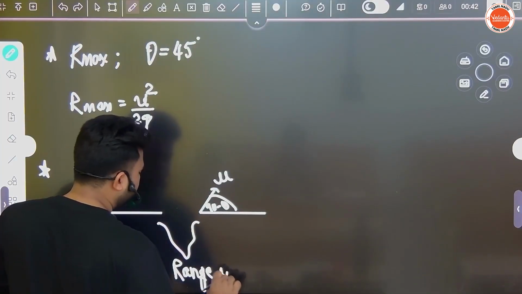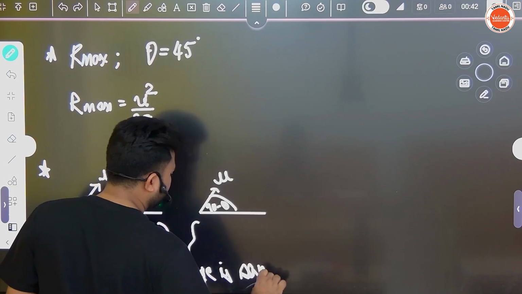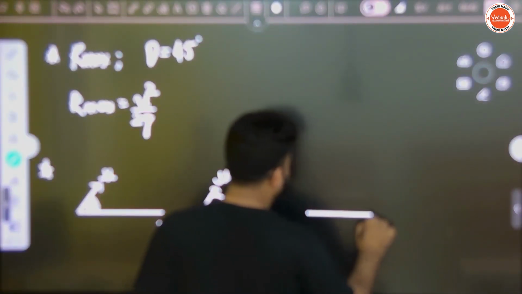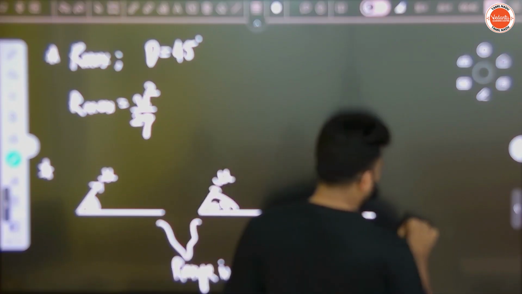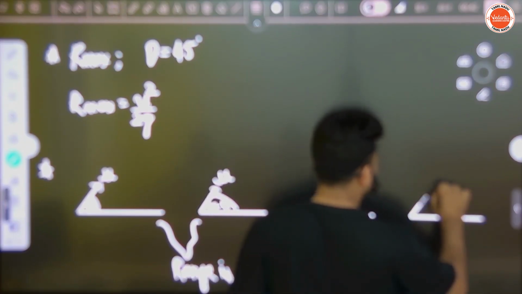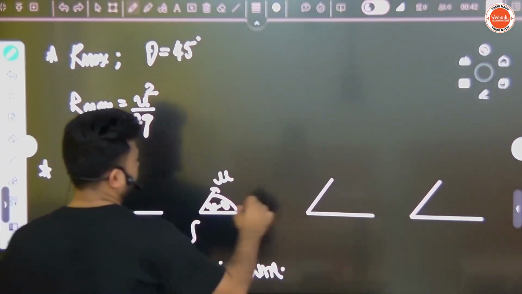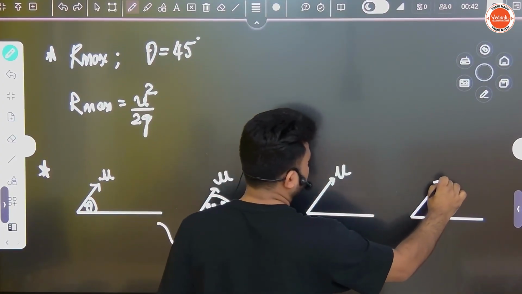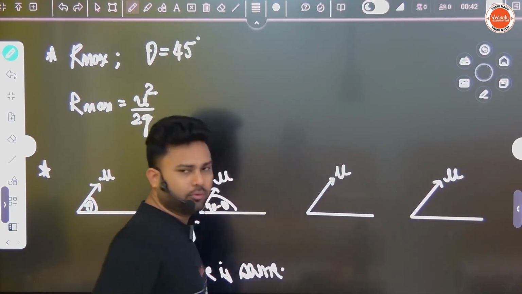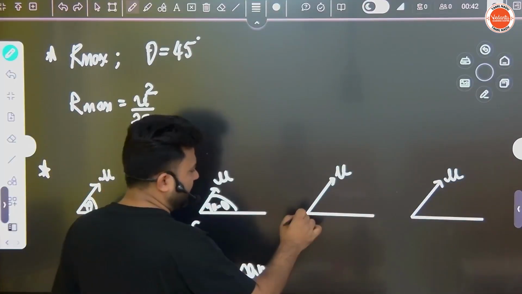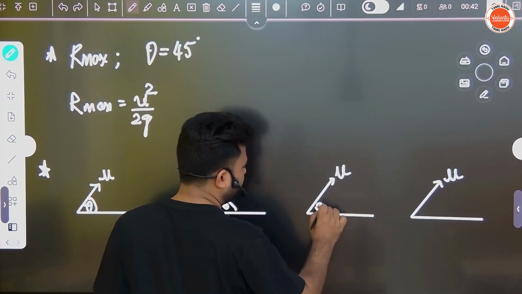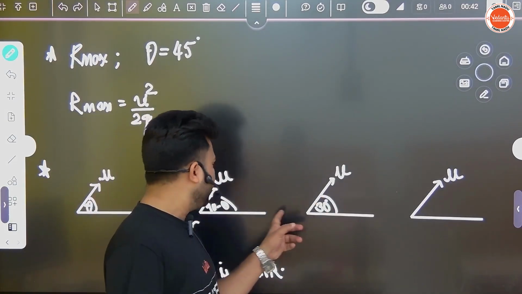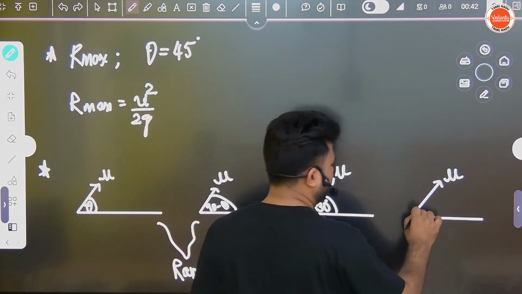Range is same. What I mean to say is that if you project any ball with some speed u, here also in this case you are projecting with same speed u, whether you project with theta, suppose for example I give 30 degree, or you project the ball by 90 minus theta, 90 minus 30 is 60 degree.